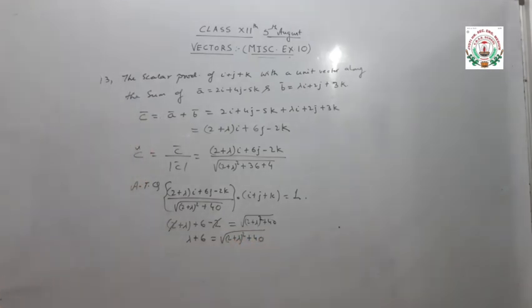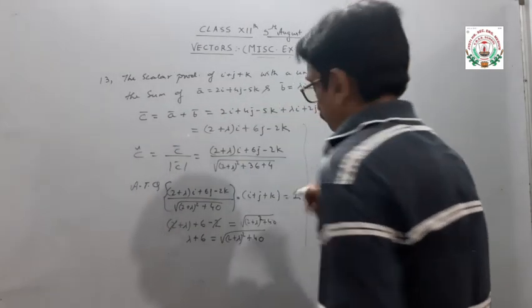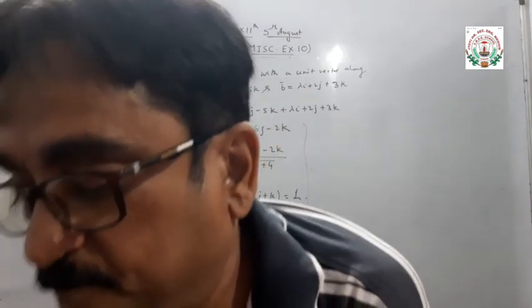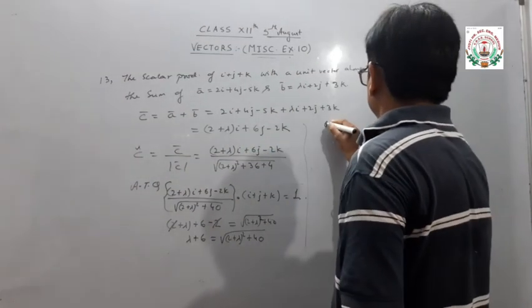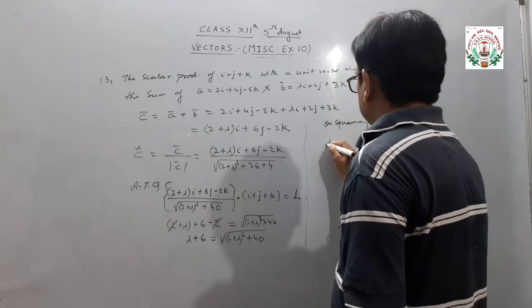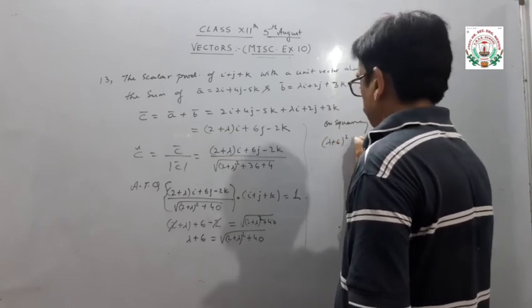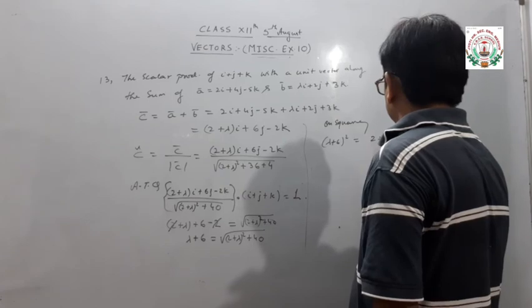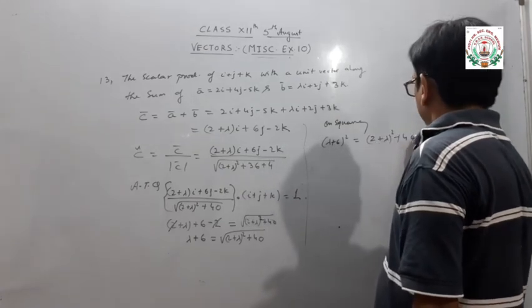Now we have to square both the sides and solve this. On squaring both the sides, we get (lambda plus 6) the whole square equals (2 plus lambda) the whole square plus 40.